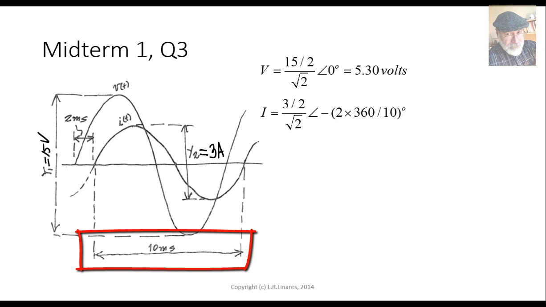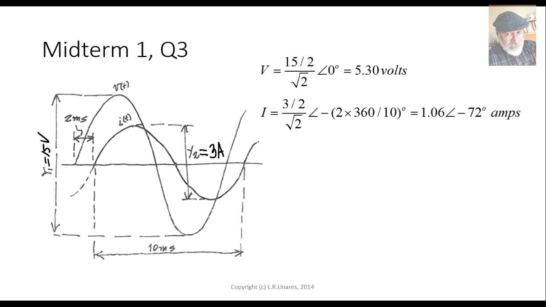We notice that the period is 10 milliseconds, so 10 milliseconds are equivalent to 360 degrees. By proportionality, 2 milliseconds will be 72 degrees. So the current phasor is 1.06 amps RMS with a phase of negative 72 degrees.